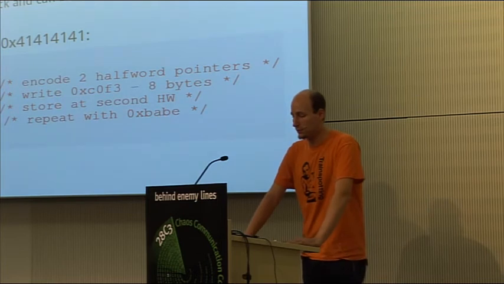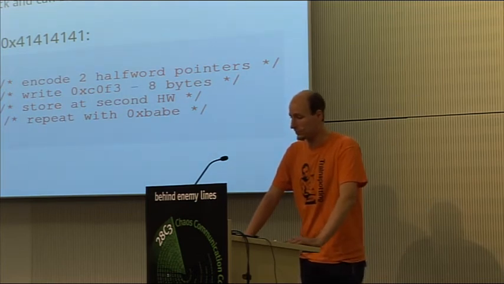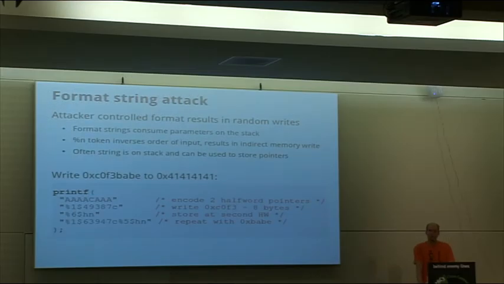The printf command consumes the first format string. The first 8 bytes of this format string are the 2 half-word addresses. The first time the AAAA address, and the second time the AAAC address. These 2 half-word pointers are then used in the exploit itself.